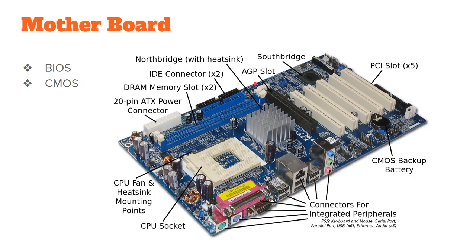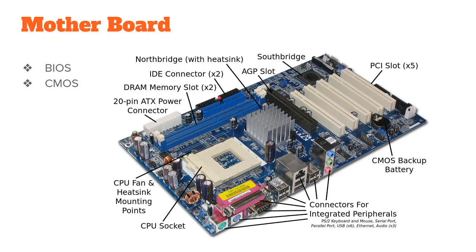Then there is an AGP slot. What is this AGP slot for? It actually has an integrated audio socket, that is to get the audio to either the speakers or your system itself. So there is an AGP slot.